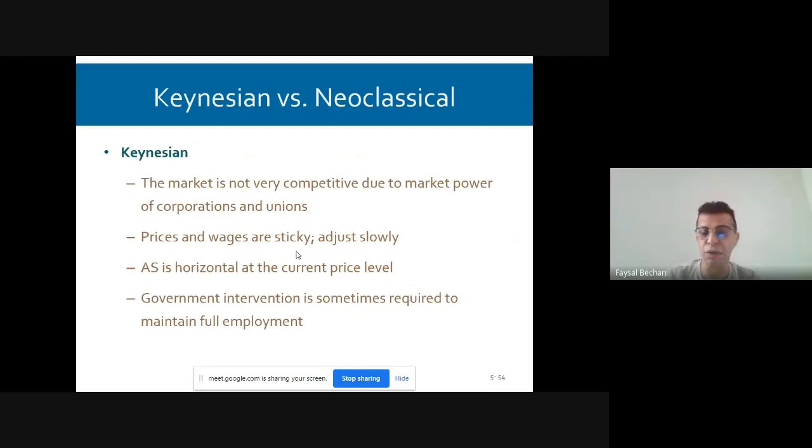Aggregate supply is horizontal at the current level of price, so at a certain price level the aggregate supply becomes horizontal and doesn't grow as the market grows. Government intervention is sometimes required, because as aggregate supply becomes horizontal, some government intervention can help aggregate supply keep growing.